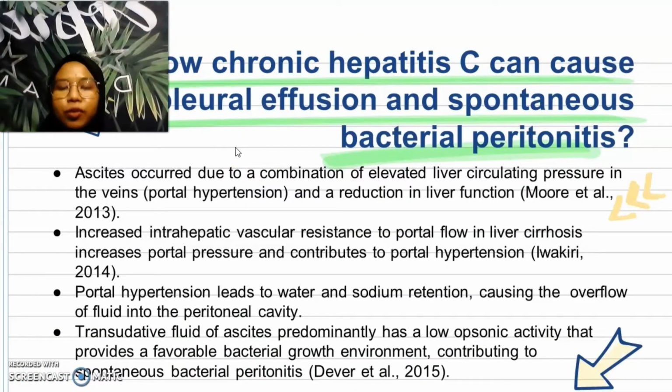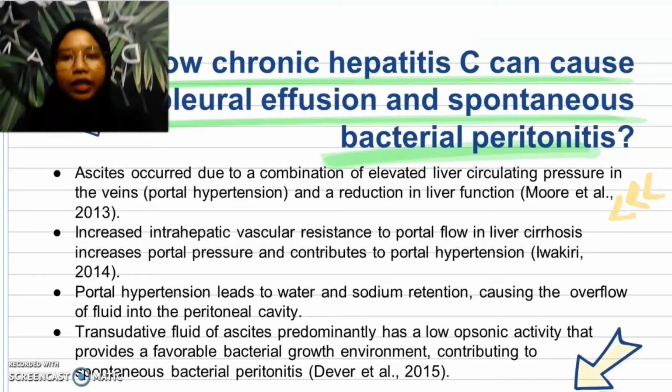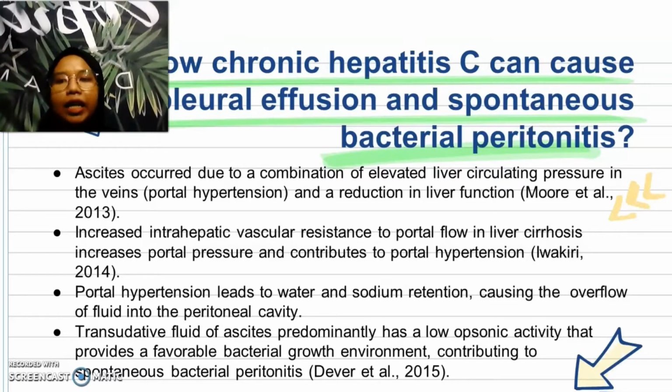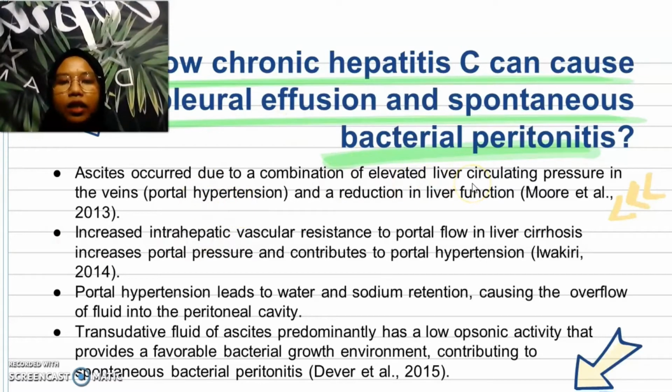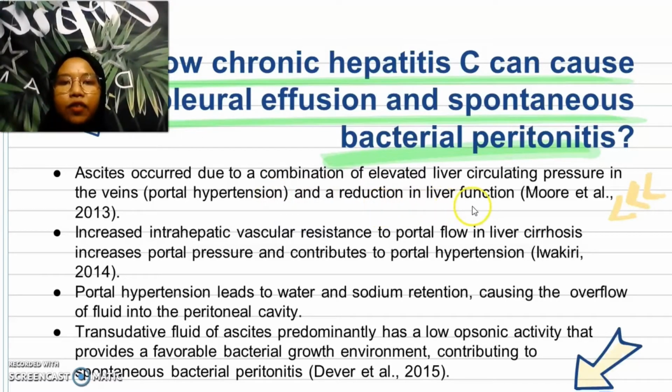Now we move on to the explanation of how chronic hepatitis C can cause pleural effusion and spontaneous bacterial peritonitis. Basically, ascites occurs due to a combination of elevated circulating pressure in the veins, also known as portal hypertension, and a reduction in liver function.